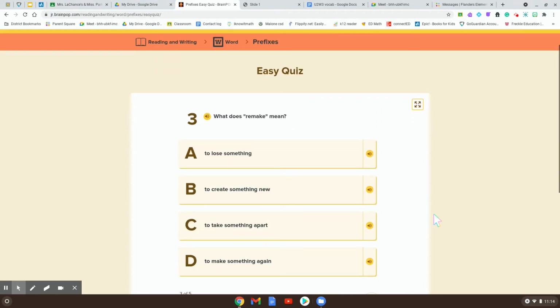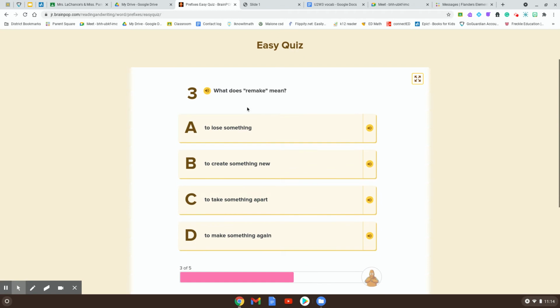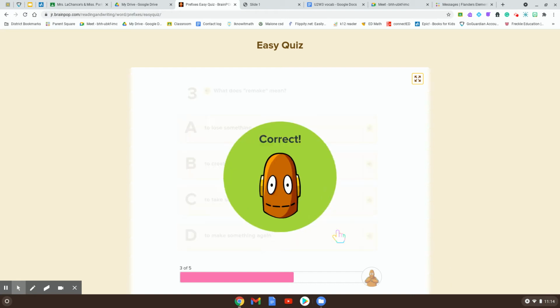What does remake mean? If you know make is the root word and they attached re to it, when you remake, do you lose something, create something new, take something apart, or make something again? Good job. It means to make something again.